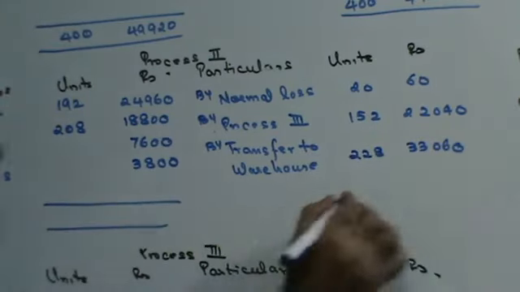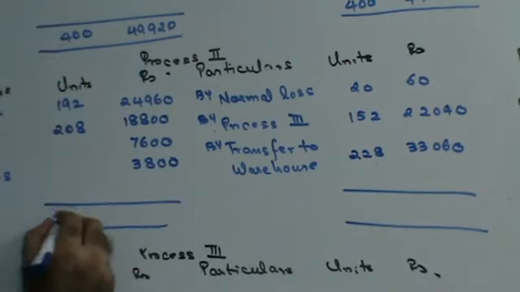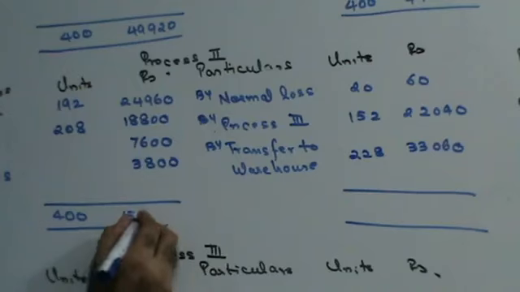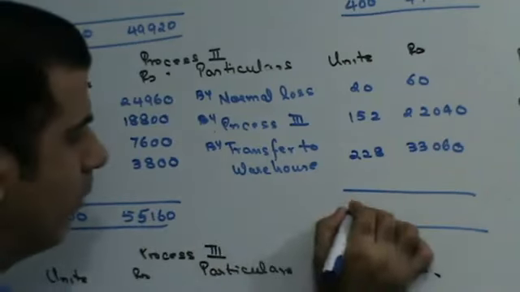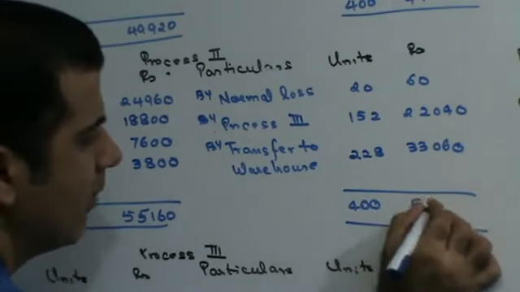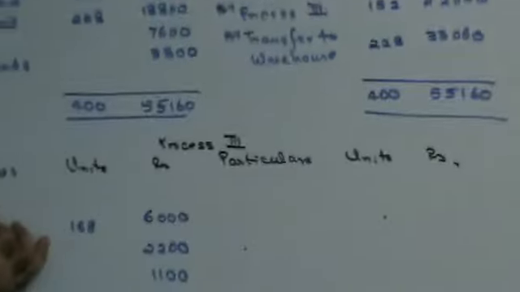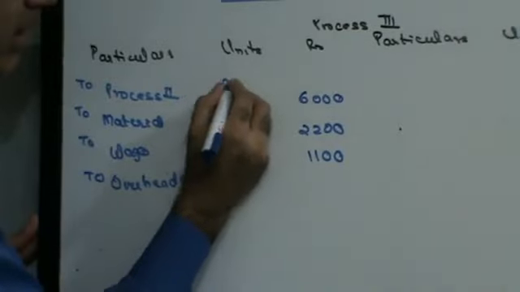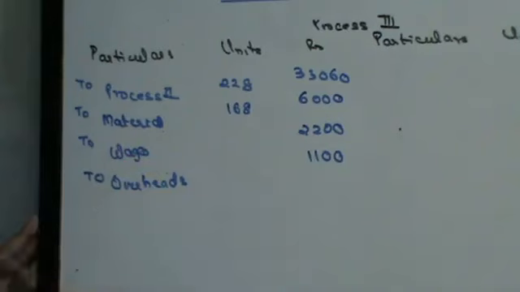Tally this. If I tally this, this will become 400 and 55,160. Transfer this here. This is going to be to process 2. Amount is 228 and 33,060.